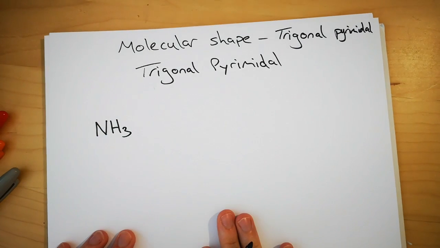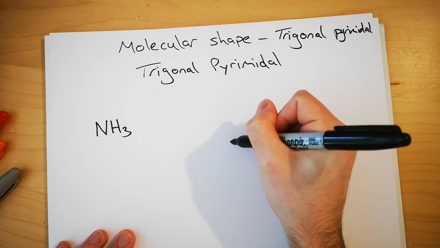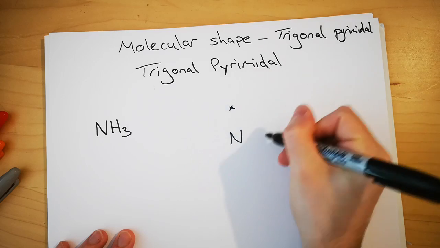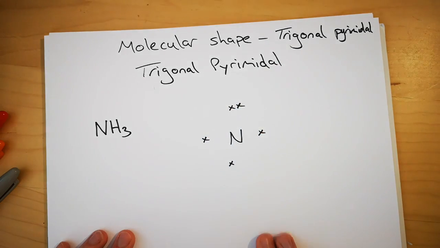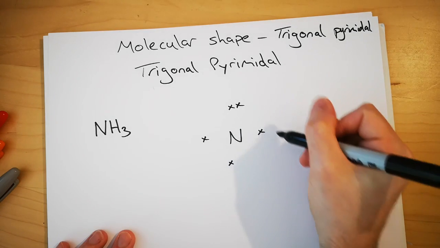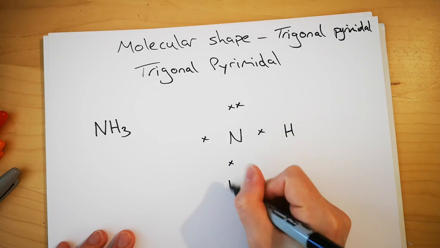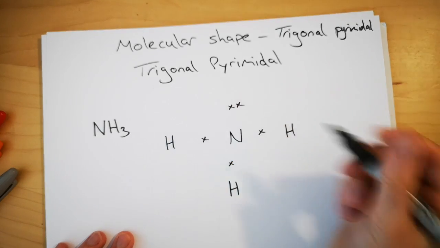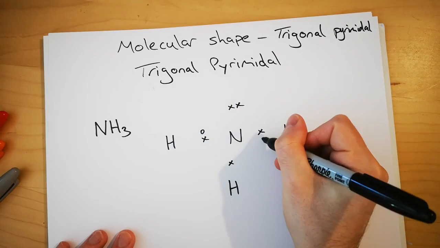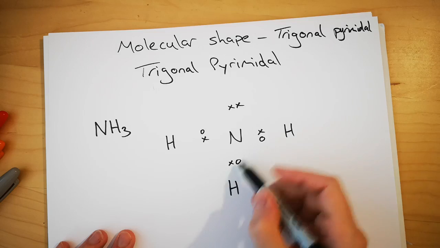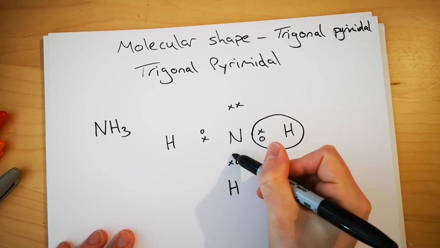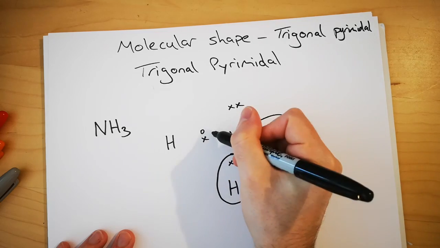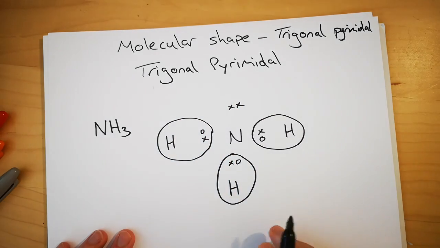And this is usually going to be NH3. Now, when we do this, our nitrogen has 1, 2, 3, 4, 5 electrons, and our hydrogen has 1 electron. 1, 2, 3, 1 for each of our hydrogens, and we can do our orbital around there, and our orbital around there, and our orbital around there.